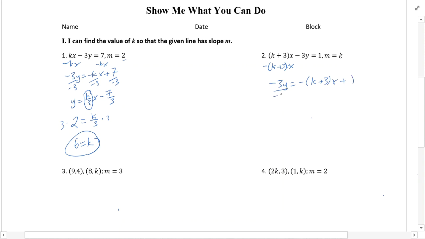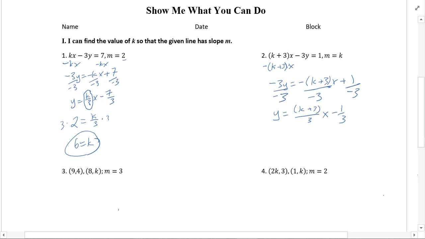Then we need to divide each side by negative 3 to get y all by itself. So now we're going to get y equals a positive k plus 3 over 3x minus 1/3.